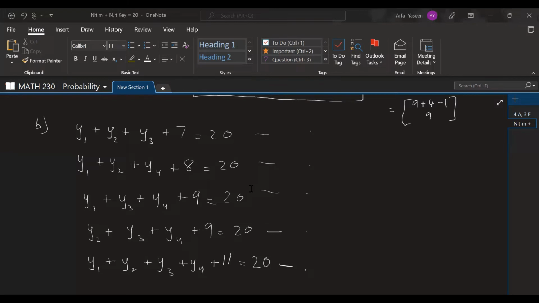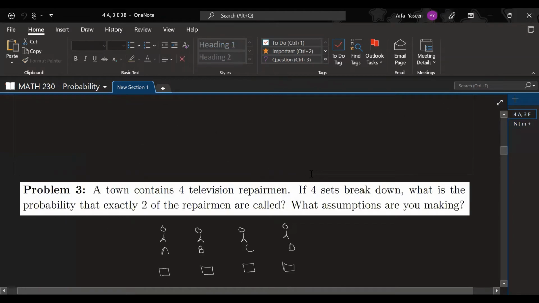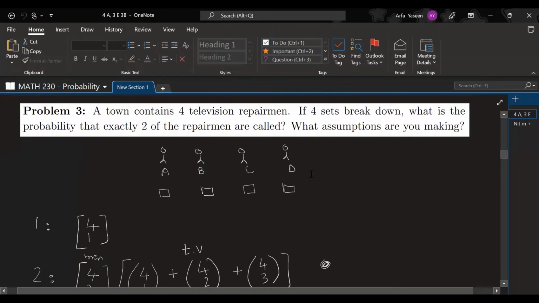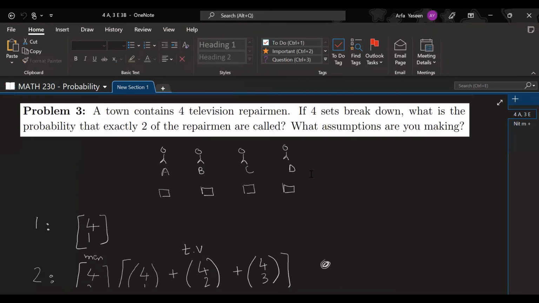Also for problem 3, I forgot to discuss the assumptions part. I solved the entire question for you, so you should be able to think about the assumptions.